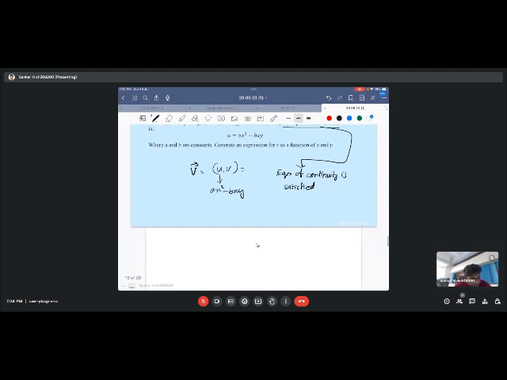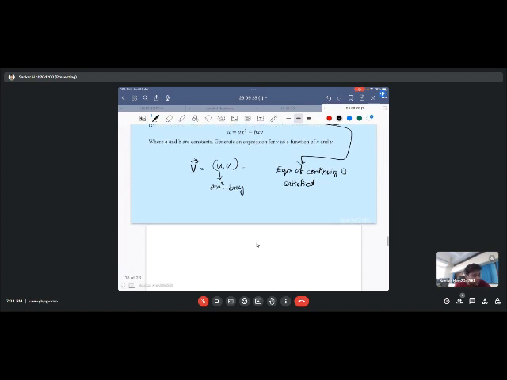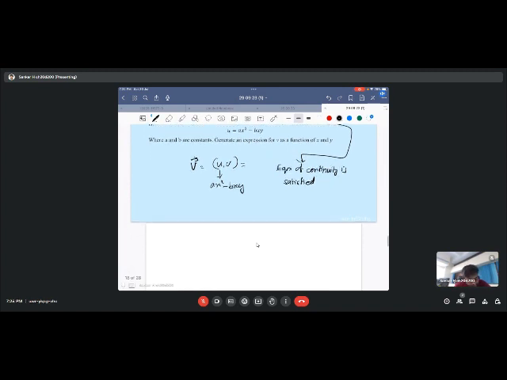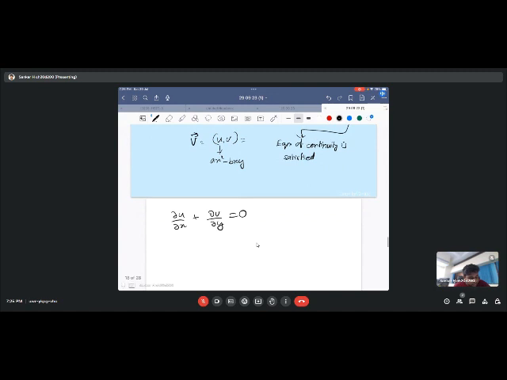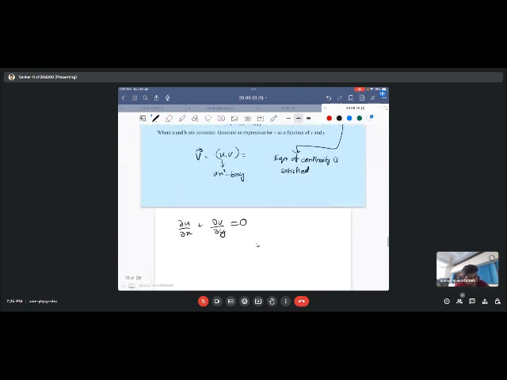Therefore, we can rewrite this and we can try to solve it based on this assumption, the equation of continuity, which is given by dou u by dou x plus dou v by dou y should be equal to 0. And with that, we know that u is given by ax square minus bxy.